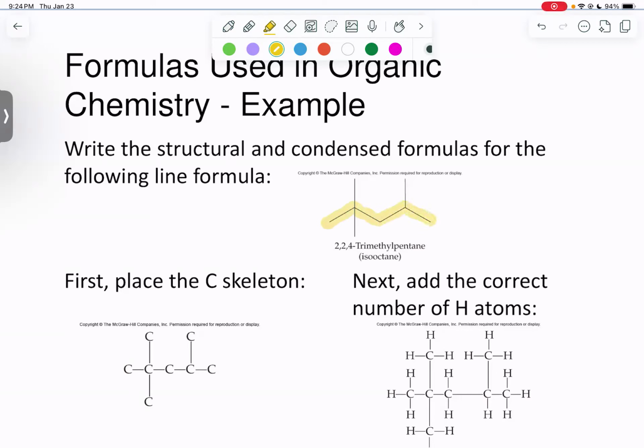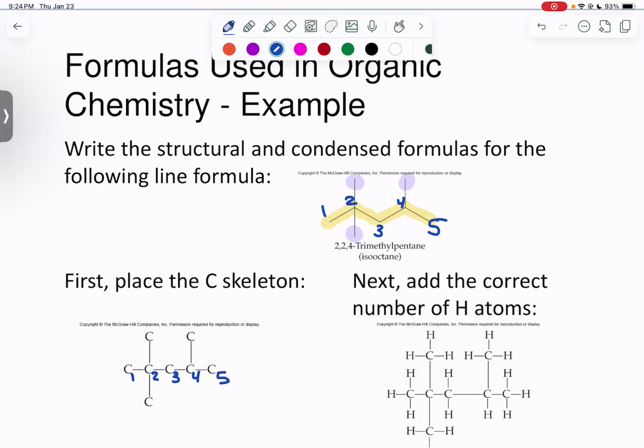Then I look for things that come off of it, making sure I don't lose them. So I count my carbons: 1, 2, 3, 4, 5. I have 5 carbons in the main chain.